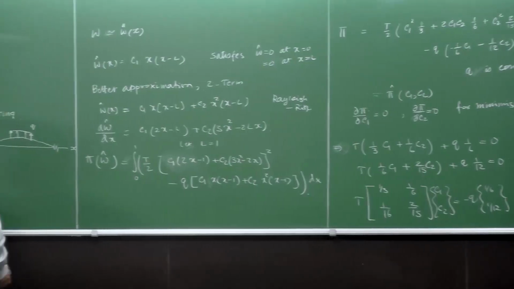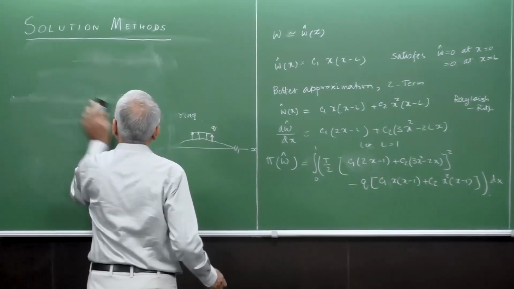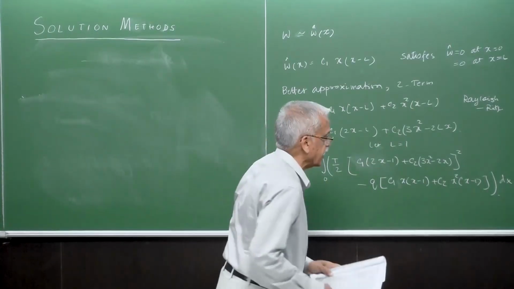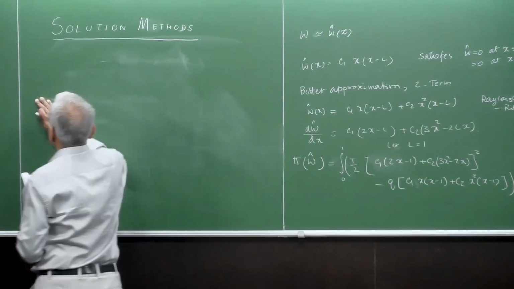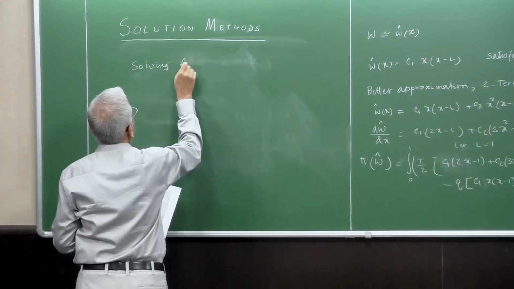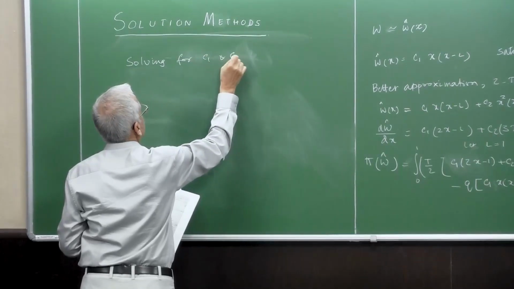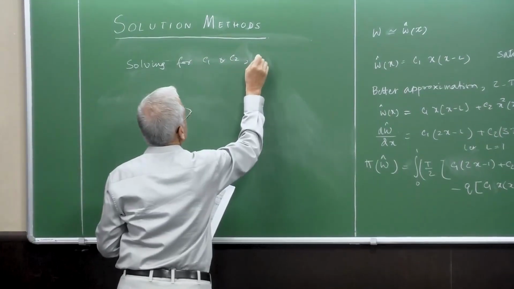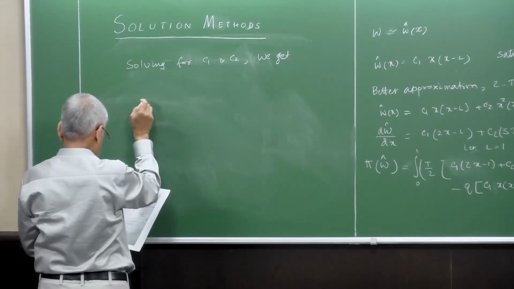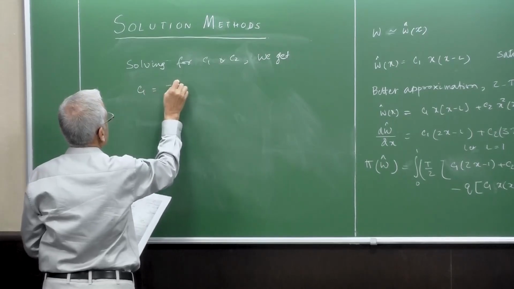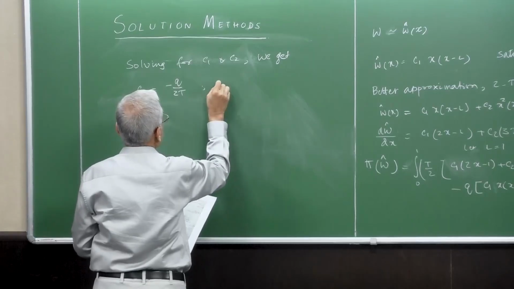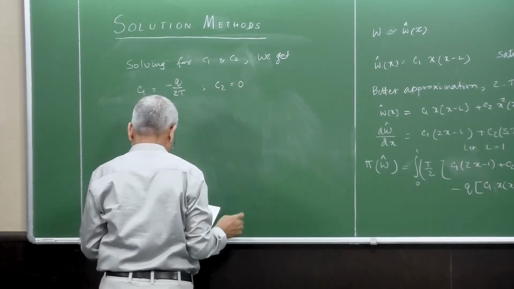So you can solve for C1 and C2, and what we get here is that C1 turns out to be, for C1 and C2 we get, C1 is equal to minus Q to T, and C2 happens to be 0.